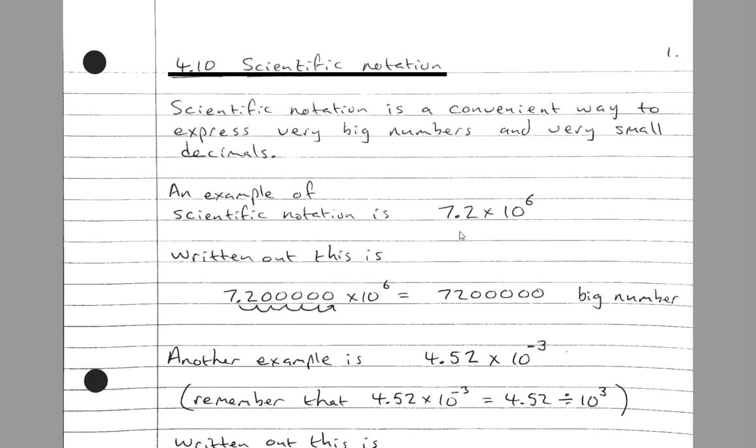So it's really, what's that, 7,200,000? So yes, this is a big number. And if this was a bigger number, more zeros, then you just need a higher power of 10 here.